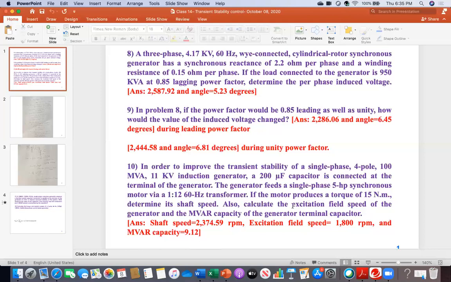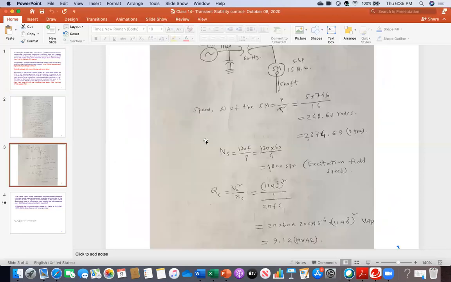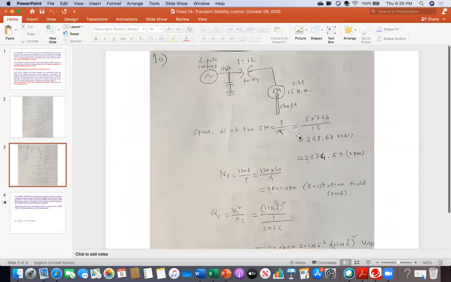So therefore, everybody, I have number 10 here as well. Venkat, Amani, Sindhuja, everybody look at number 10. I just drew this type of brief schematic for 400 MVA, 11 kV, and then this is the synchronous motor, 5 horsepower, 15 Newton meter shaft.